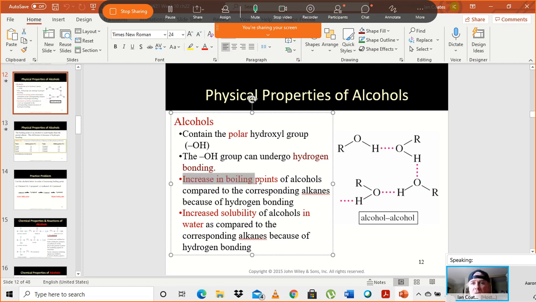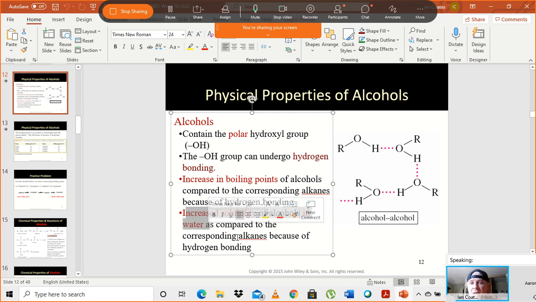Increase in boiling points of alcohol compared to their alkanes. So I need more energy to get these guys boiling. So if I have a butane and a butanol, butanol will have a higher boiling point, okay, because of these OH groups, because of the hydrogen bonding. And also, they'll have an increased solubility in water.